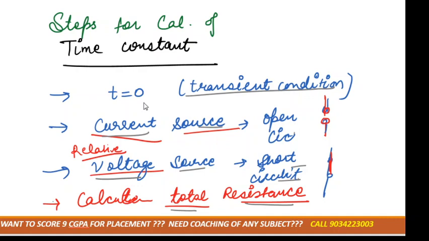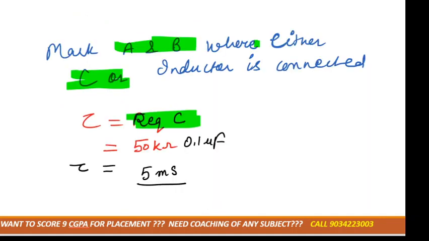We have to draw it at t equal to 0, transient condition. Current source should be open circuit. Voltage source should be short circuit. We have to calculate total resistance and we have to mark A and B where C is connected. Correct?